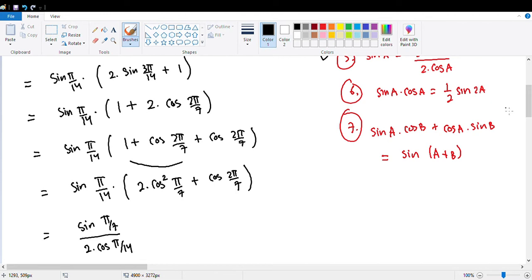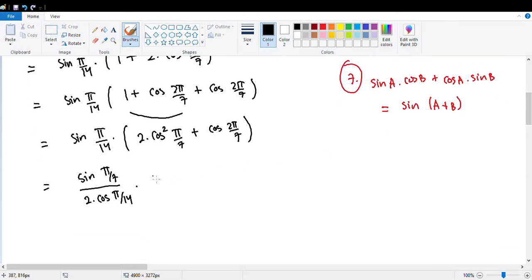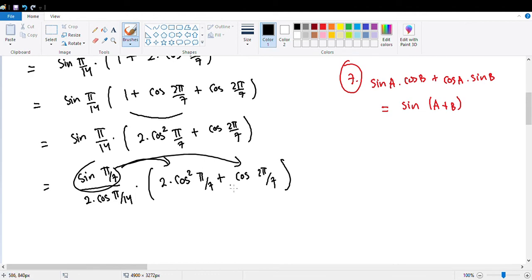And for the rest I will write the same. Now I will multiply this sine pi over 7 by this expression.